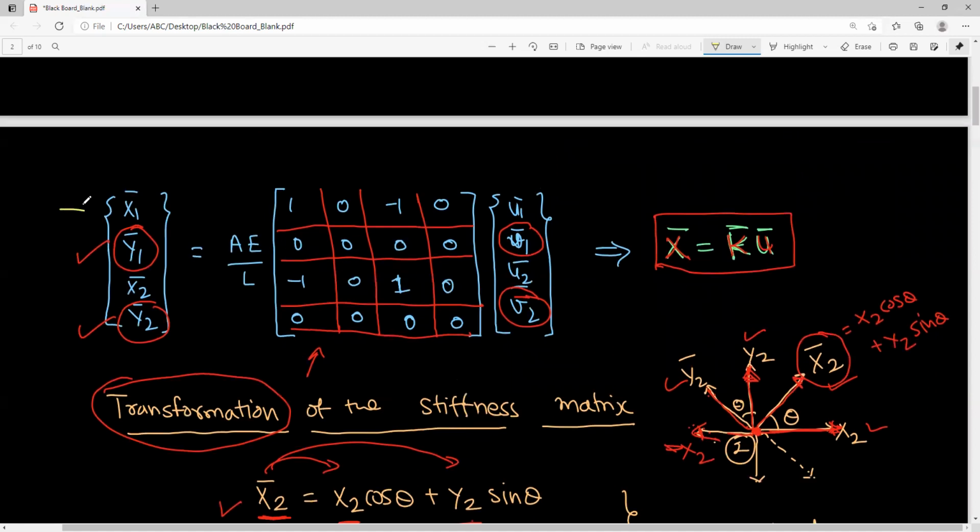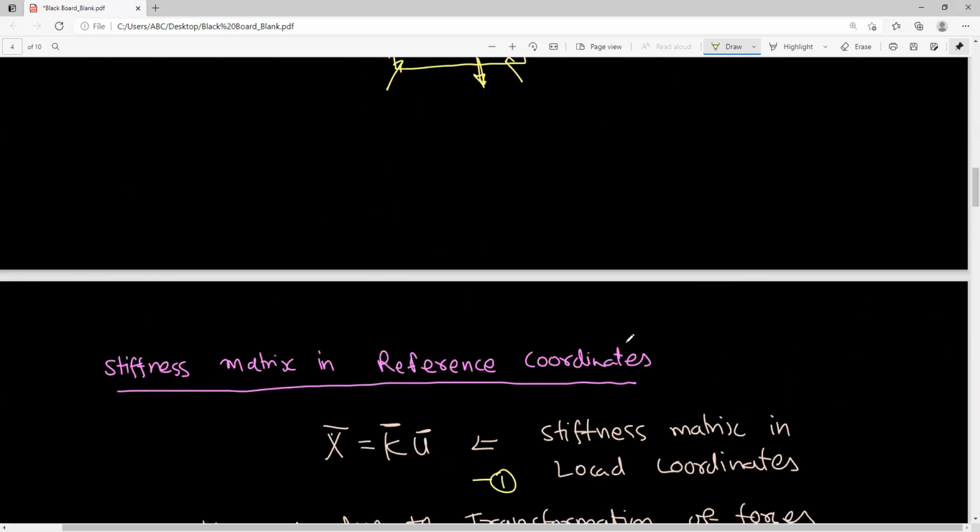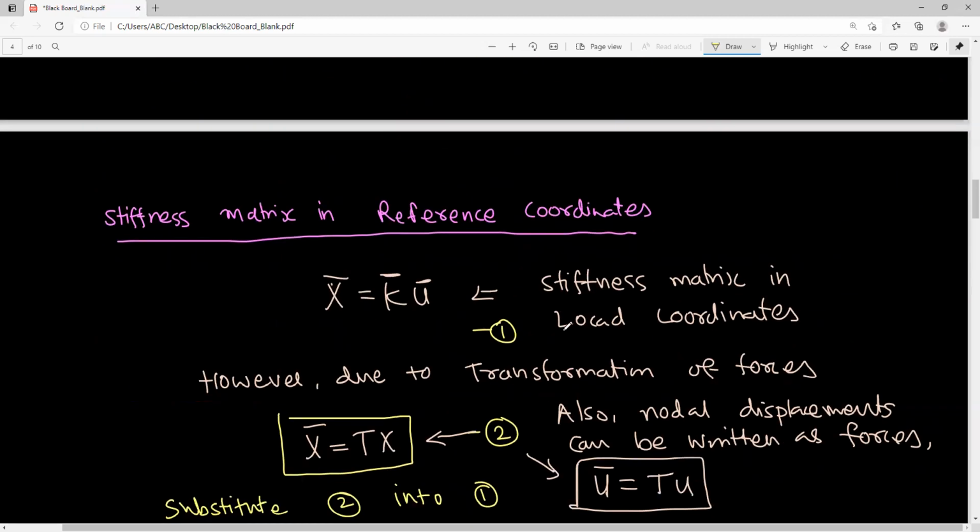I am just writing it in matrix notation: x bar is equal to k bar u bar. This is the stiffness matrix in the local coordinate system. However, due to the relation of local and global coordinate systems with the transformation matrix, x bar is equal to Tx, and also u bar is equal to Tu.